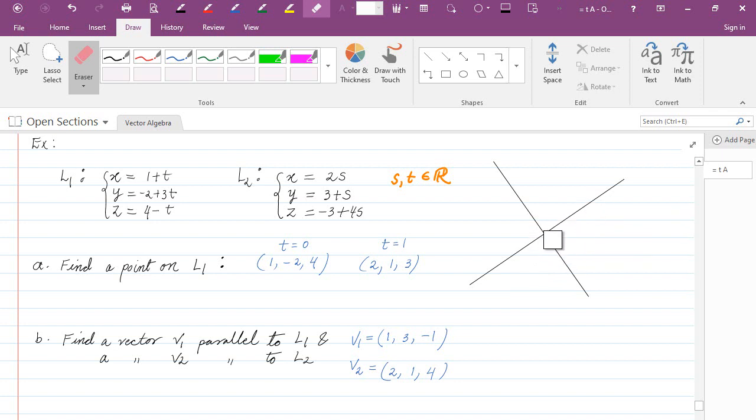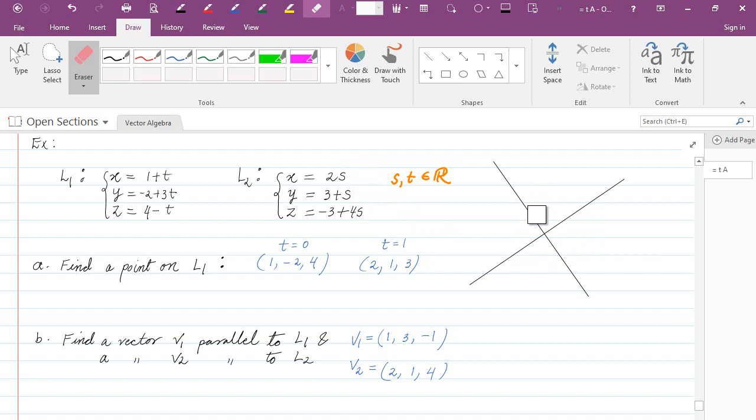They may come to the intersection at different times. As a result, we shouldn't be using the same parameter t in both of the equations. If we use the same t, then we are assuming the bugs come to the intersection at the same time, which they may not.